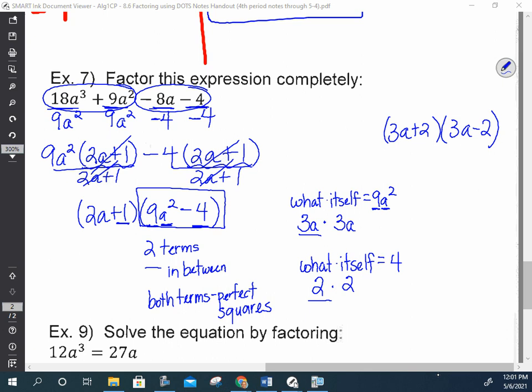Remember, on Tuesday, one has to be a plus and one has to be a minus because a positive times a negative is negative. 2a plus 1, you just put it in front of it because you didn't do anything with it. So that's your final answer right there.